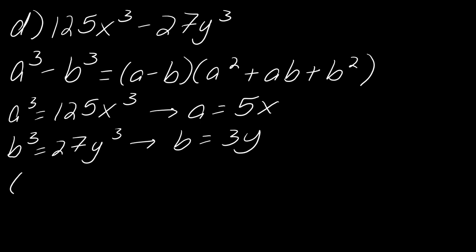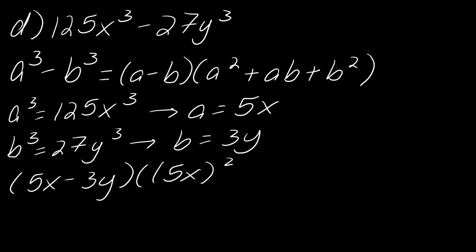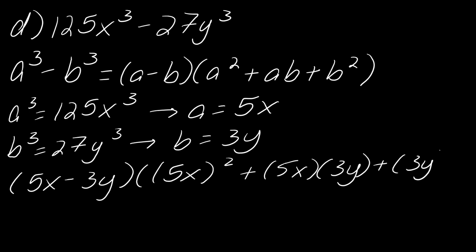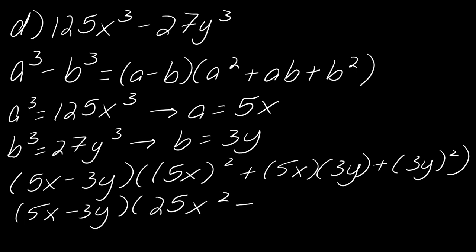So this will factor as 5x minus 3y times 5x squared plus 5x times 3y plus 3y squared. And so this will be 5x minus 3y times 25x squared, plus 15xy, plus 9y squared.